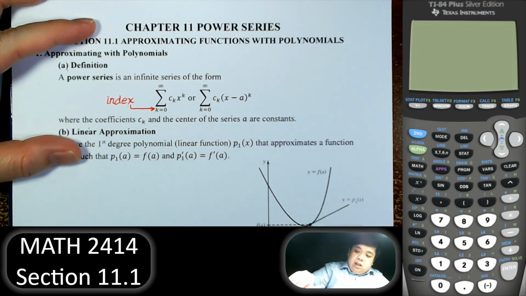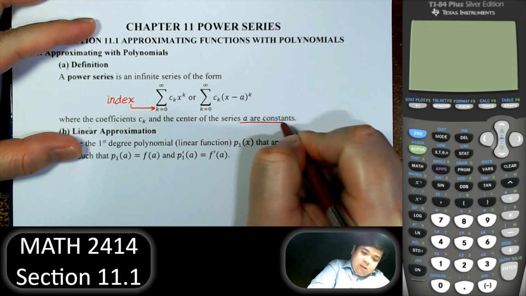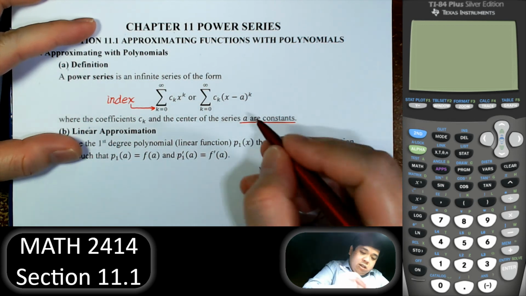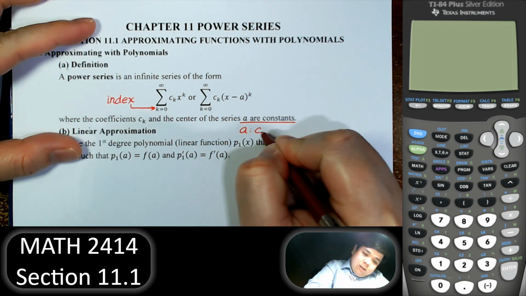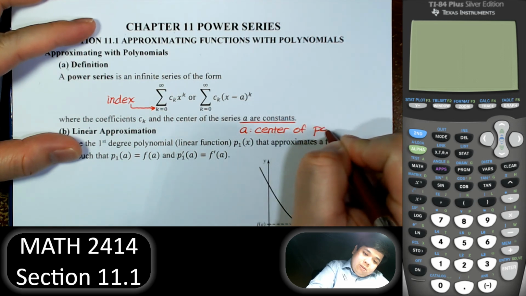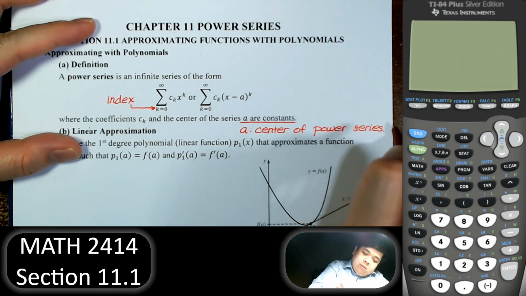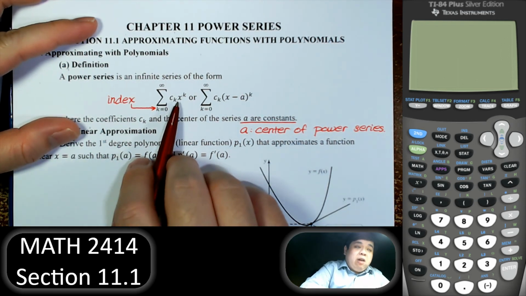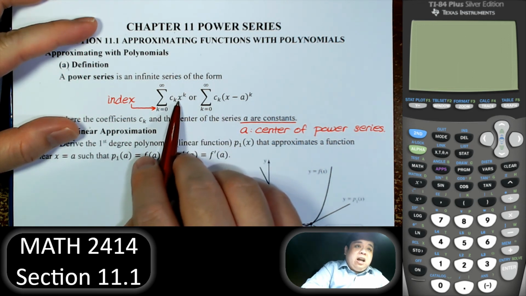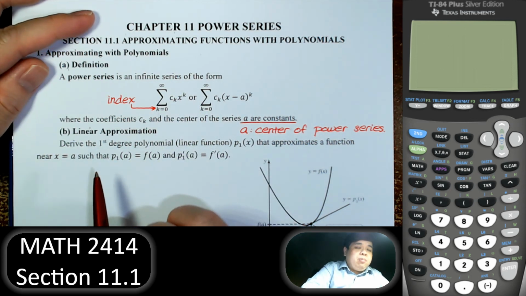In this case, a is a constant, and this a is called the center of the power series. So we either have a power of x or x minus a. By the way, if we just have x, this is like x minus 0 to the k power, so this is centered at 0.